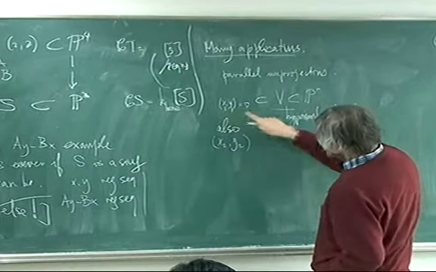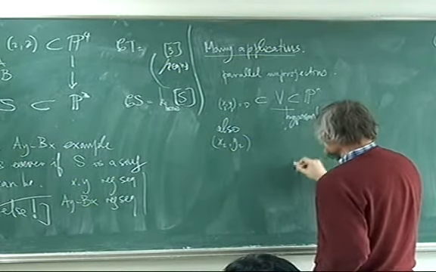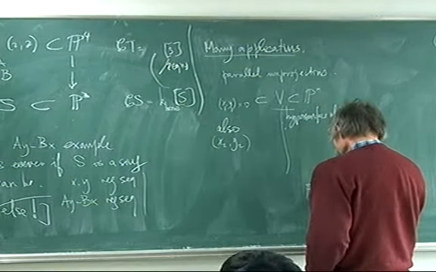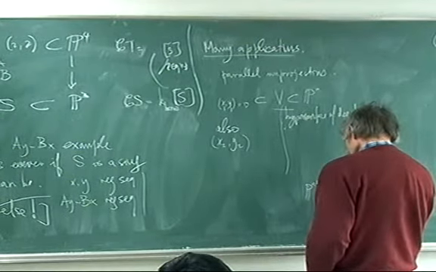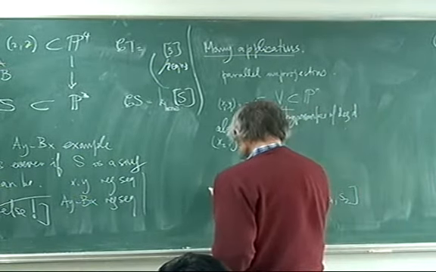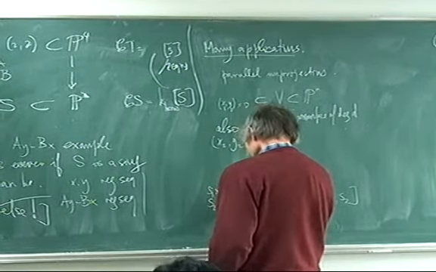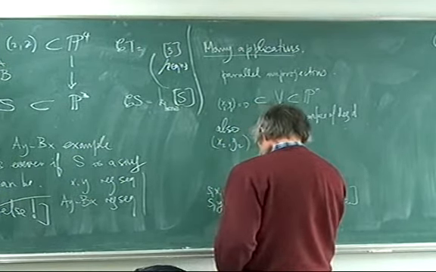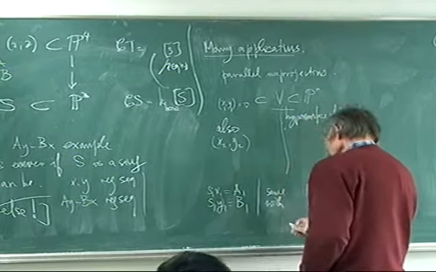What I want to do is say that there is a projective space Pn plus 2 with adjoined coordinates s1 and s2, where s1 x1 equals some a1 and s1 y1 equals b1, and the same with 2.